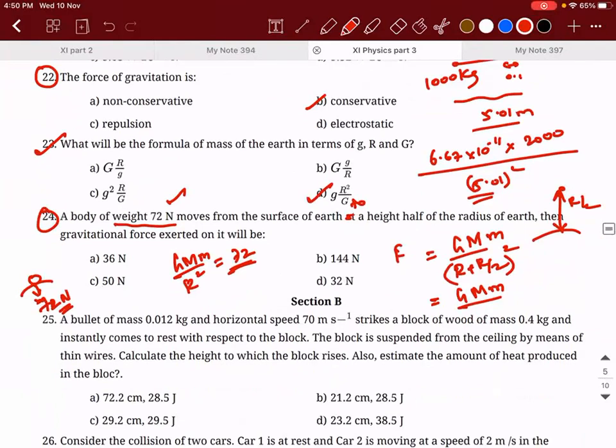So this will become 9r square divided by 4, correct? 3 by 2 the whole square will become 9r square divided by 4. So GMm divided by r square is 72, so 72 into 4 divided by 9. Now this 9 and this will get cancelled how many times? 8. So 8 fours is 32. This will be the answer.